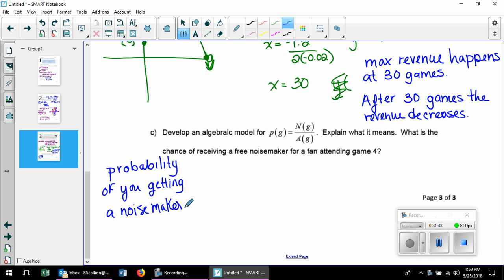It's a ratio question. So what goes on top? What's my numerator? Okay. Equals 2 minus 0.05G over 8 plus 0.2G, maybe.